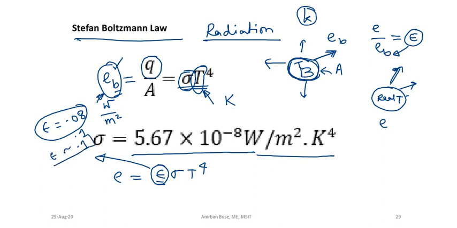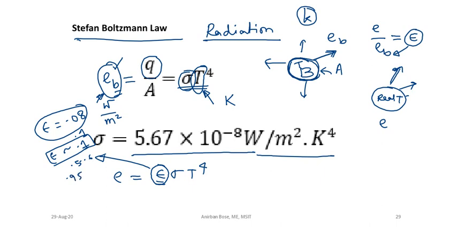Epsilon is in the order of 0.1 when it is a very polished surface, but when it is an oxidized surface, not so polished, suppose oxidized or anodized aluminum, its value will reach around 0.5, 0.6. But if the surface is an organic material, its value is in the order of 0.95.